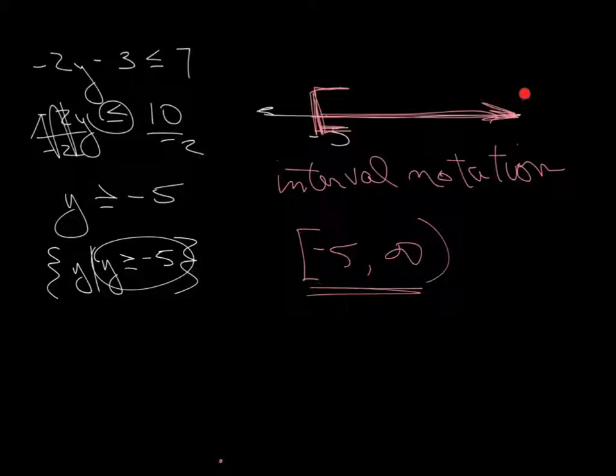The right hand side, there isn't a right hand side, so it's infinity, and infinity is always rounded, and it's a positive infinity. Now you can just write infinity, or you can write a positive infinity. It doesn't really matter. When you get into calculus and stuff, you'll have to write the positive on there because it means different things. So anyway, just something to consider.